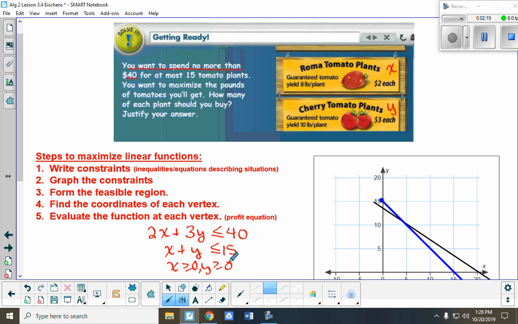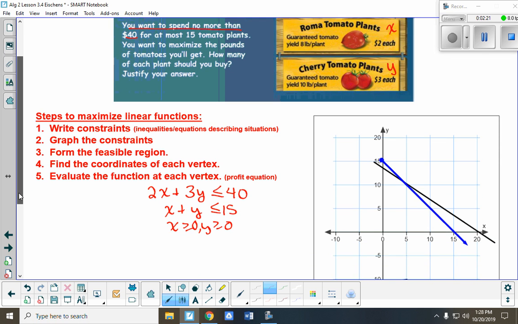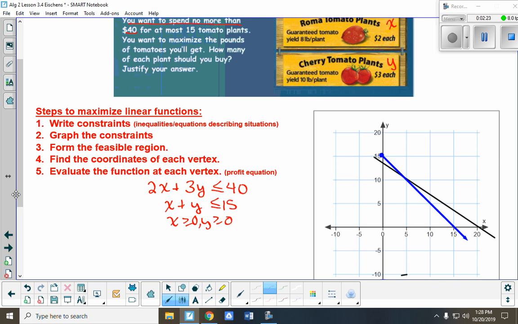So next you graph those constraints, and when I graph these I like to graph the intercepts. So if you cover up the Y, so if the Y here is 0, you have 2x equals 40, so the x-intercept is 20, and to find the y-intercept, x would equal 0.